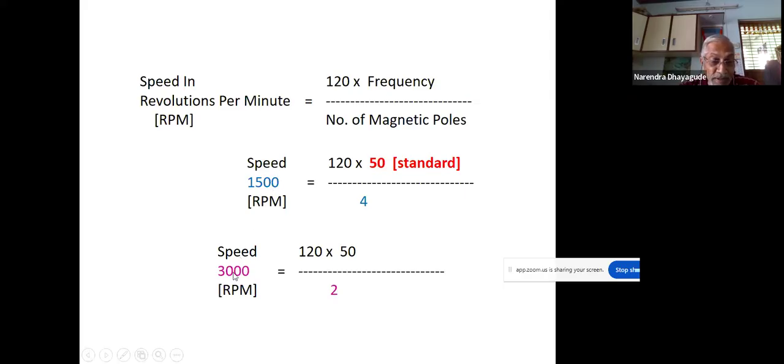When the speed is 3000, it is a two pole alternator. So we will have to select an engine for that alternator, either a 1500 rpm engine or a 3000 rpm engine. And there are engines having rpm 1000, 750 or 600, like that.